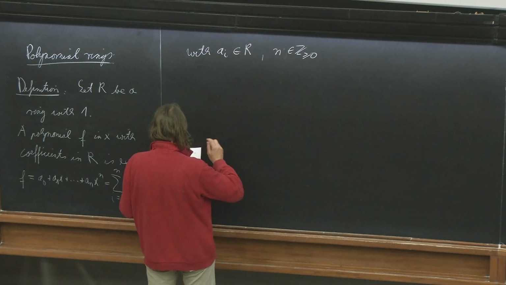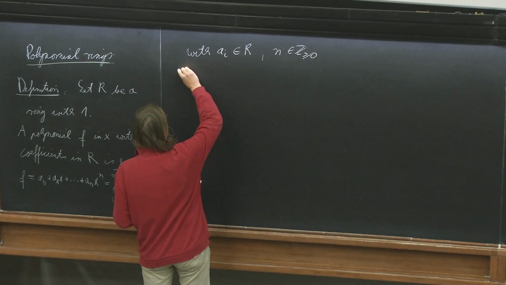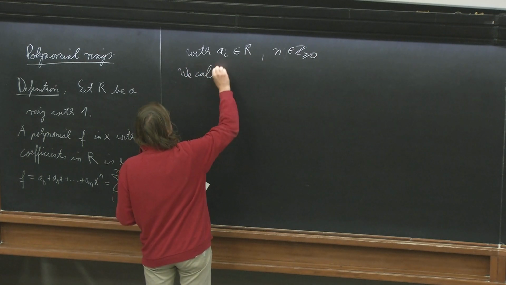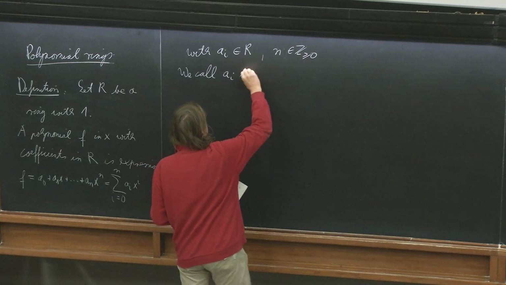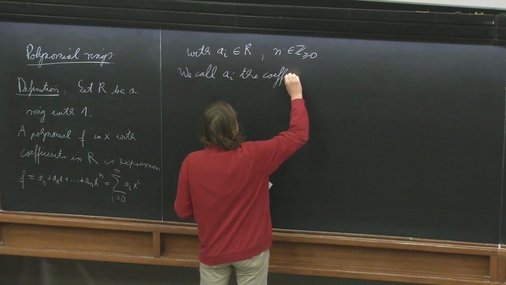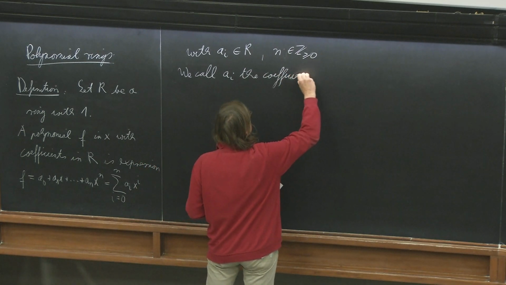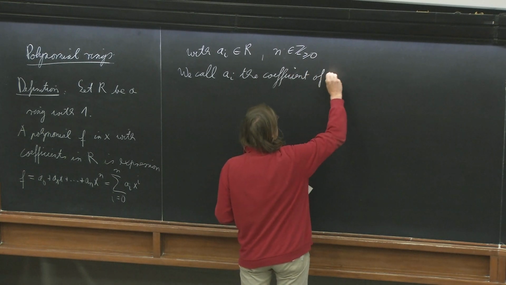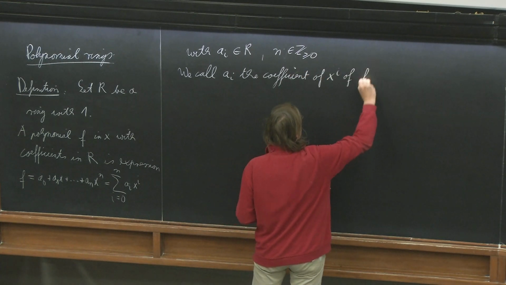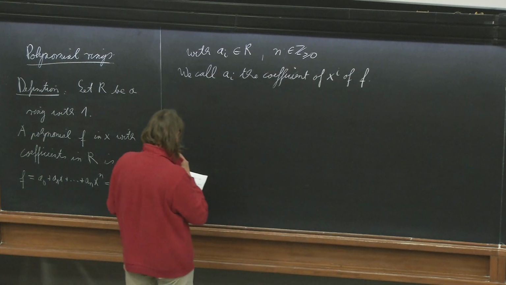Anyway, we call ai the coefficient of x to the i of f, as you are used to.